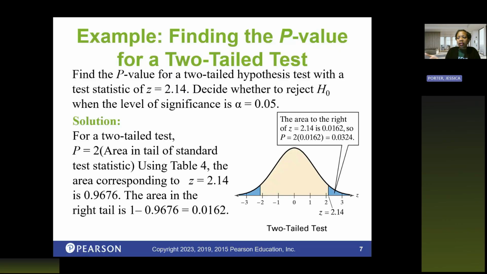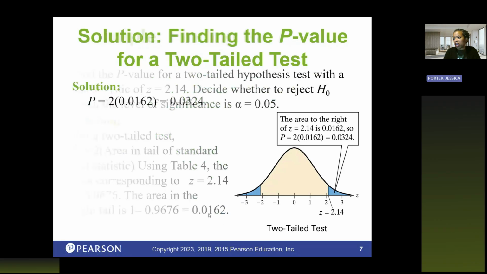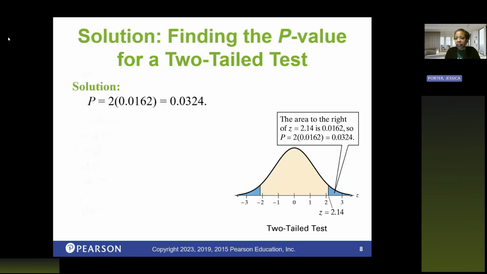But what do we do with that? It's 2 times the area in the tail of the standardized test statistic. So it's 0.0324. Do we reject or fail to reject the null hypothesis in this case? And what they tell us, the significance level is alpha equals 0.05.